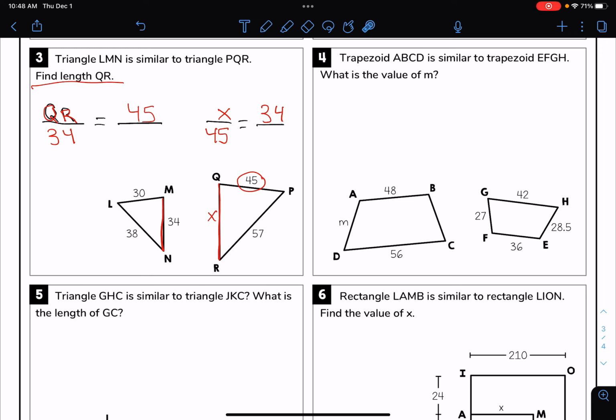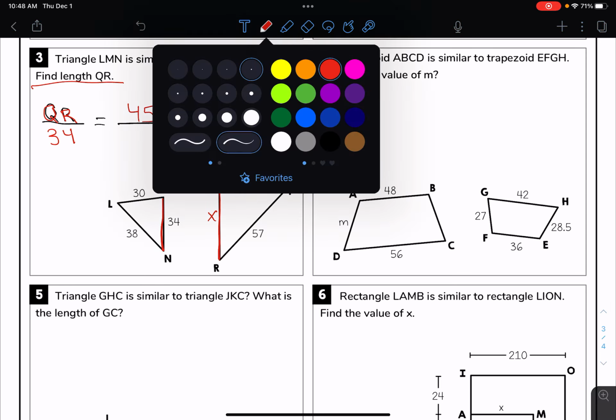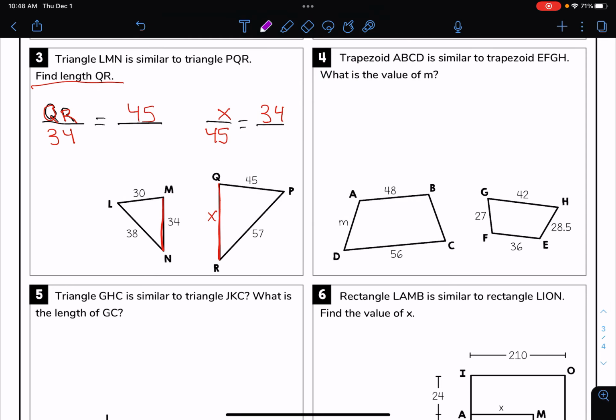Okay, so then let me change the color that I used for that so we can kind of color coordinate. So if we used 45, from that shape, we have to pick the number that corresponds with 45 from the smaller shape.